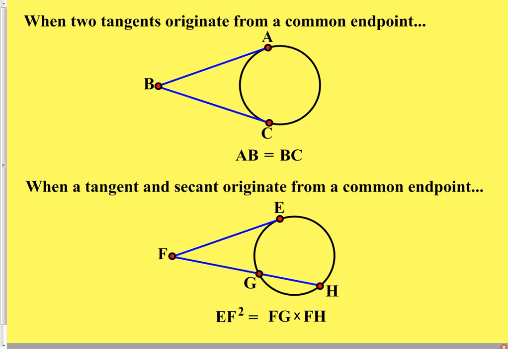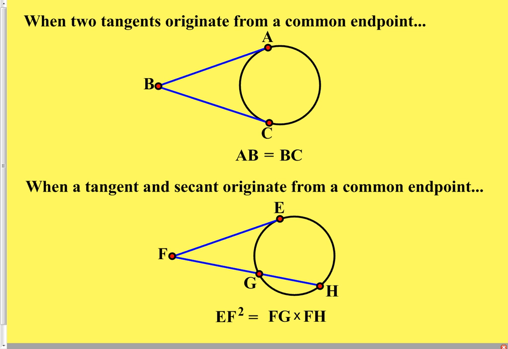The basic rule here is that the length of the tangent, if you square it, will equal the product of the length from F to G, which is the secant outside of the circle, times the length from F to H, which is the length of the entire secant. Pay special attention to the way the secant is being treated. It is not the 2 different pieces of the secant, because the length from F to G gets counted twice.